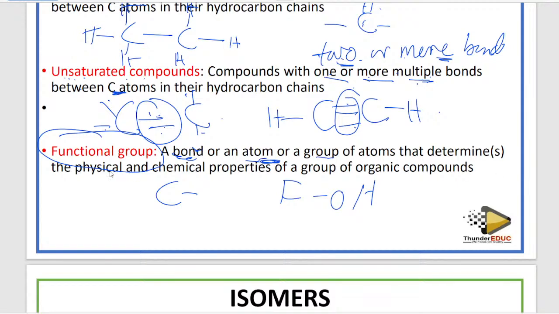That determines the physical and chemical properties of that organic compound, that homologous series. So we call it a functional group. Actually, it's a group. I'm just explaining in layman's language. It's a group which makes that molecule react the way it reacts.